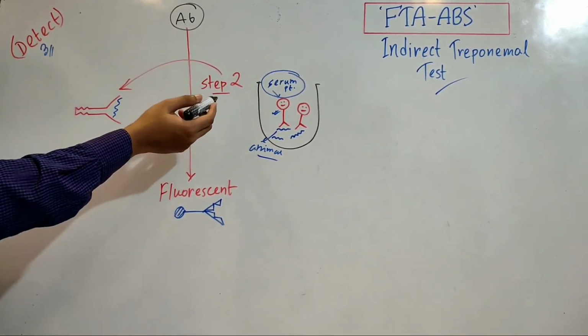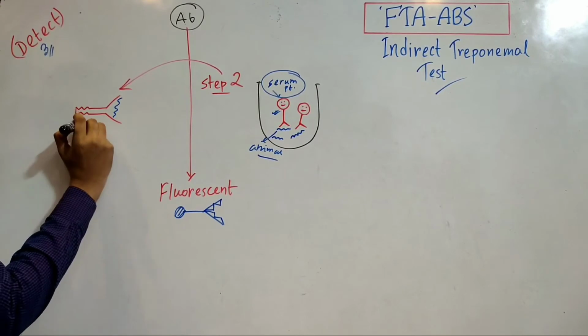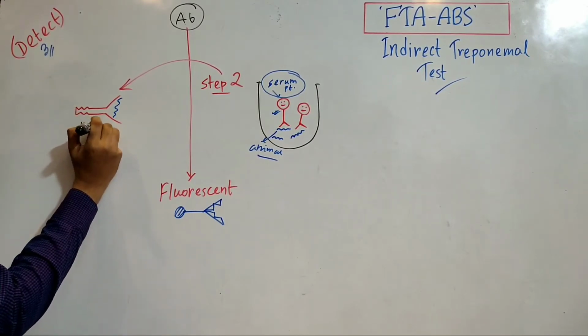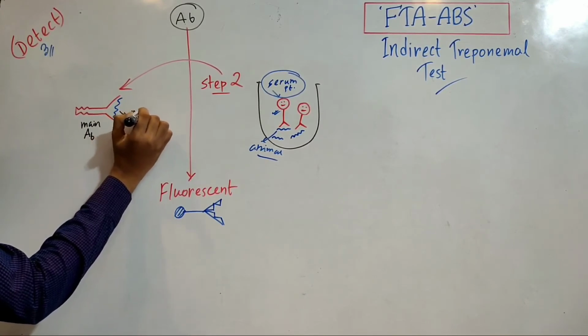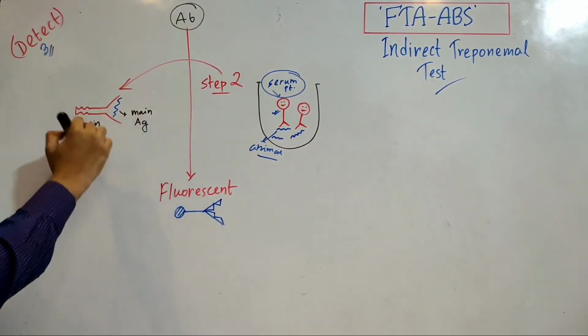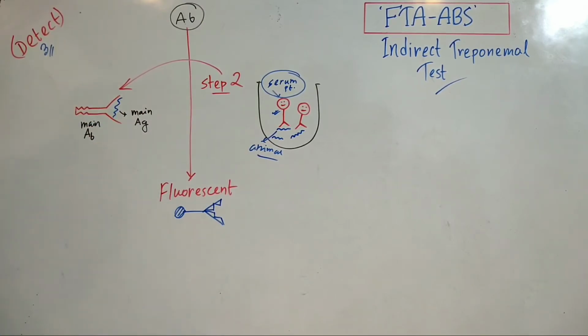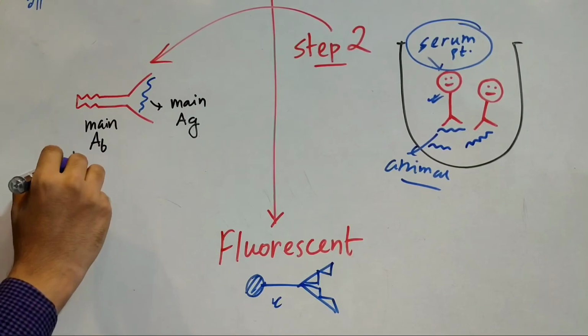So from step 2, we had this antibody-antigen complex. So this is our main antibody, and this is our main antigen. And now we have to detect this antibody-antigen complex.